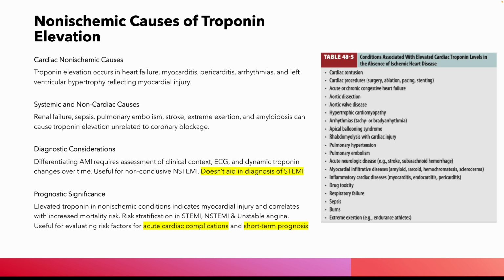It's enough to follow the criteria, which is more than 1 millimeter ST elevation in 2 contiguous leads, and therefore a troponin is not needed. But troponin is useful for risk stratification and prognosis for both NSTEMI and STEMI, but not for the diagnosis of STEMI.